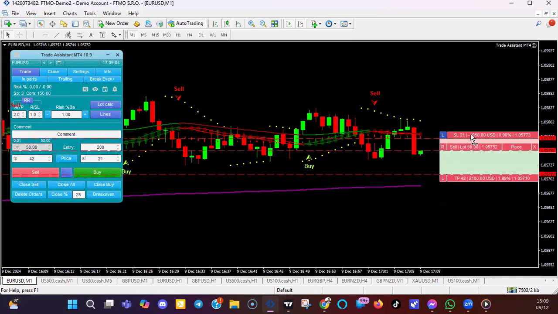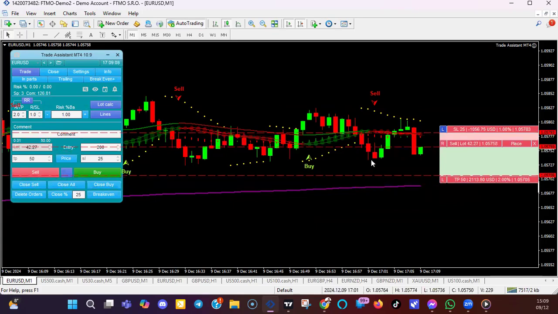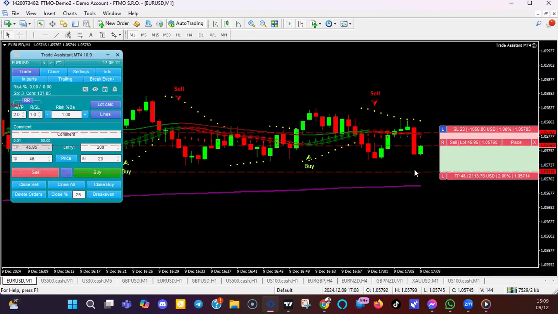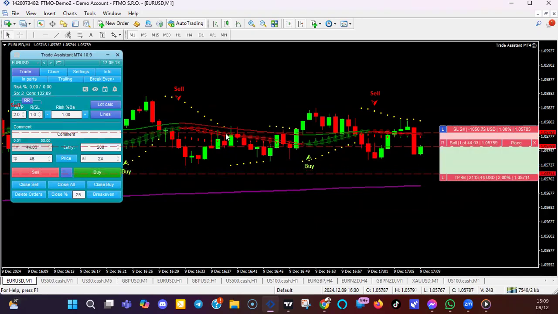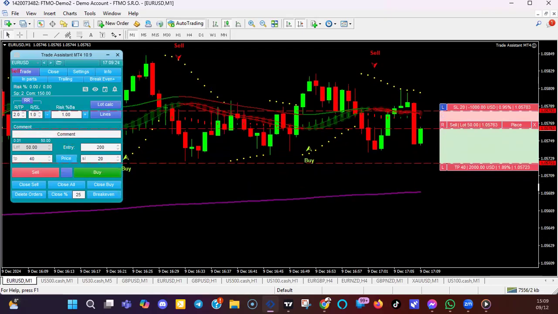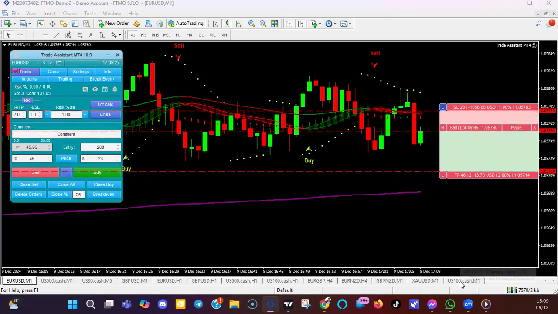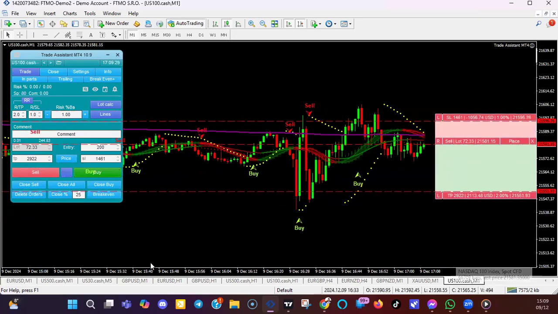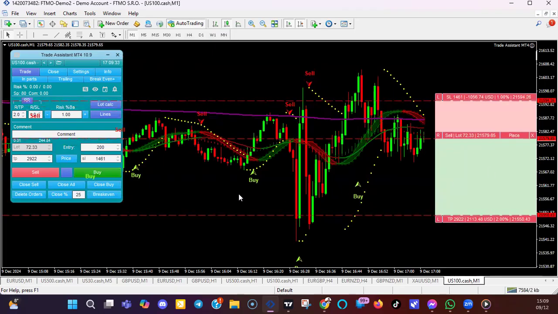Back on the EUR USD. If anything, you'd want price to get below there to break out of this sideways movement, but it's very difficult. I guess I'm going to stick with the US 100.